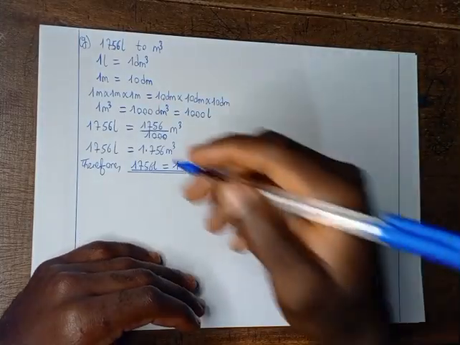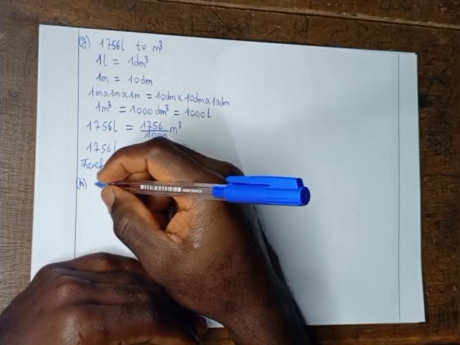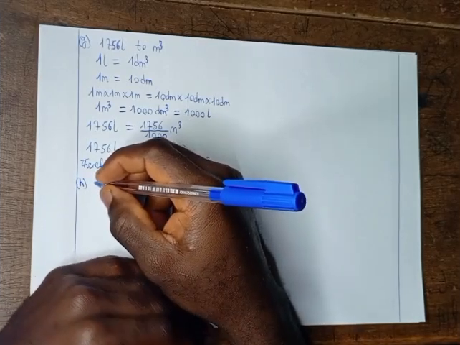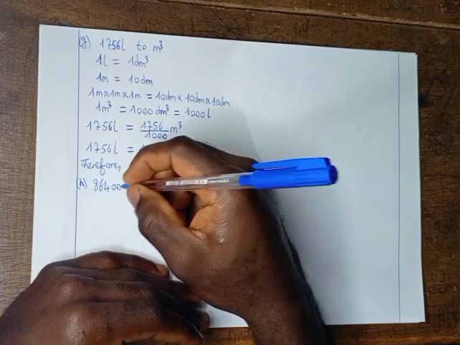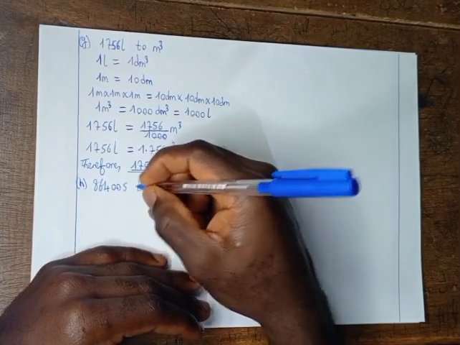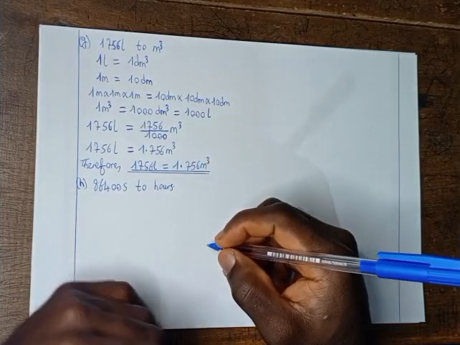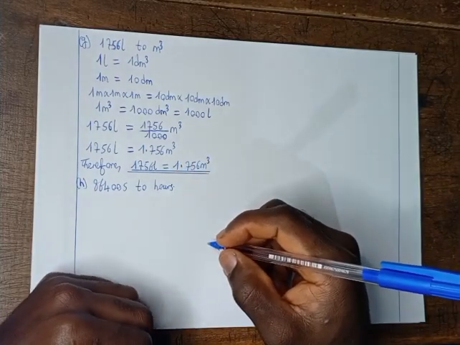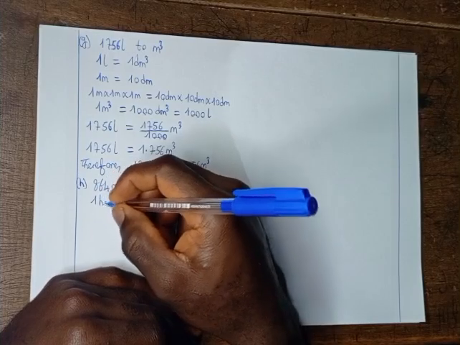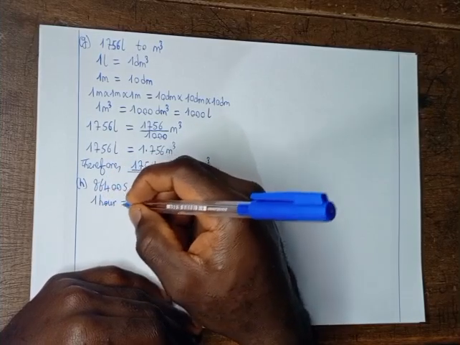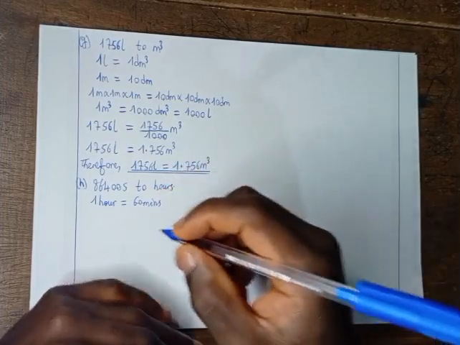We go now to question H. H, we have to convert 86,400 seconds to hours. First thing, we know that 1 hour is equal to 60 minutes.